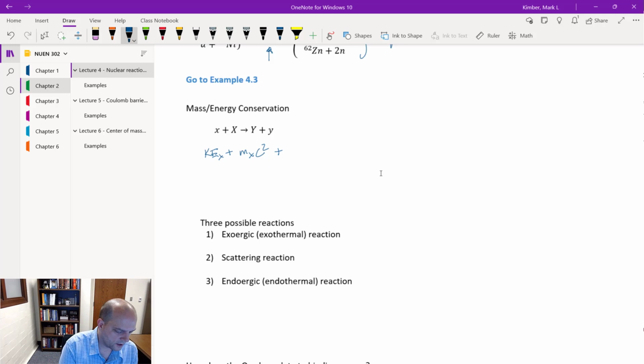And then I have the total energy for my target, which is my heavy particle on the left-hand side. It also has a rest mass. So I've got the kinetic energy, I've got the rest mass, that's my total energy, and I do the same thing with the products, the heavy product and the light product.